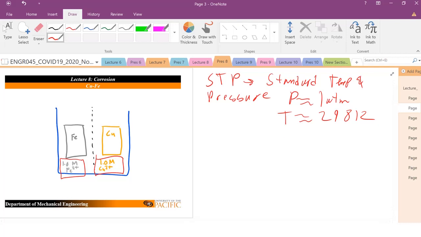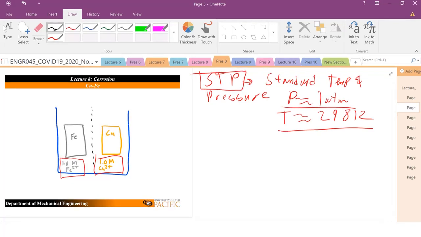If you meet all these conditions, you are at standard temperature and pressure. Now I want to connect these two with a wire, measure the voltage, and see where our electrons are flowing.